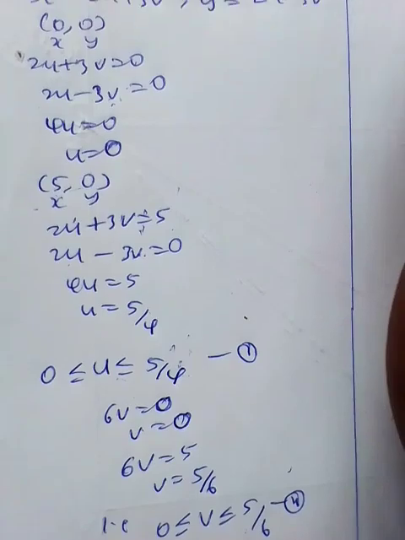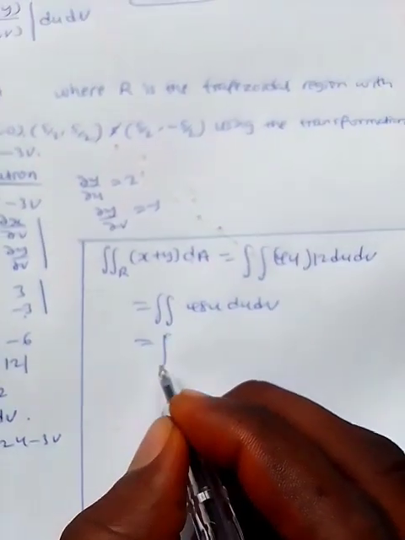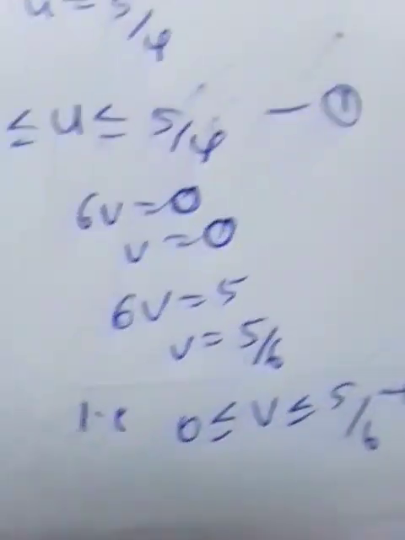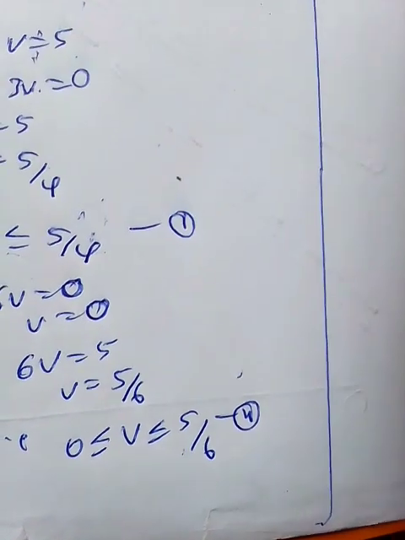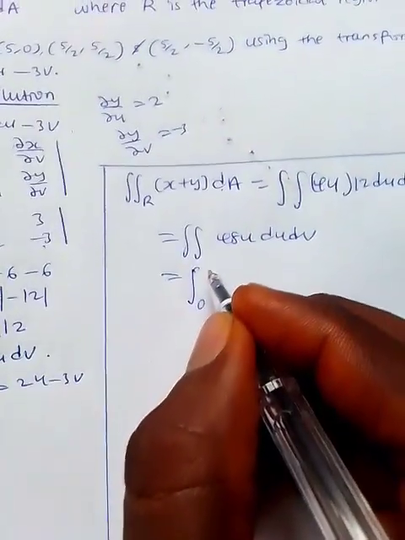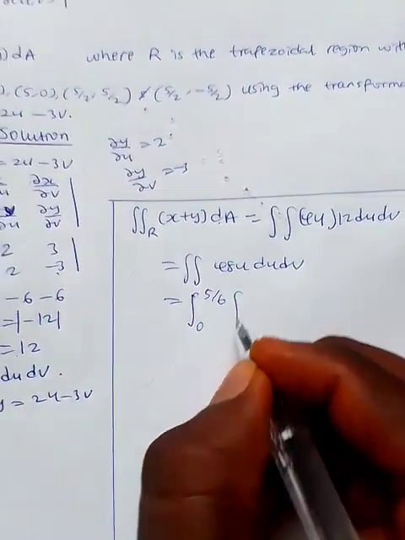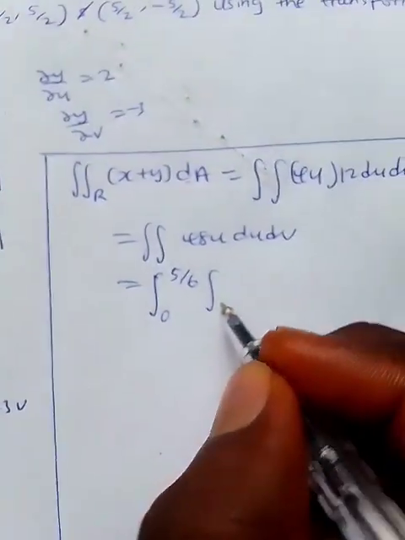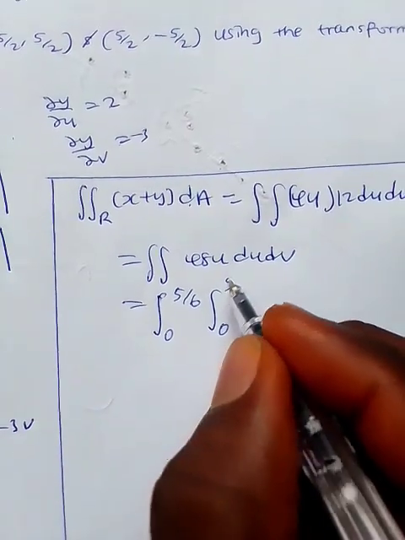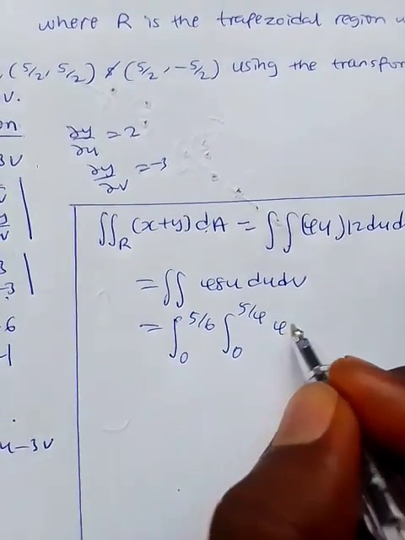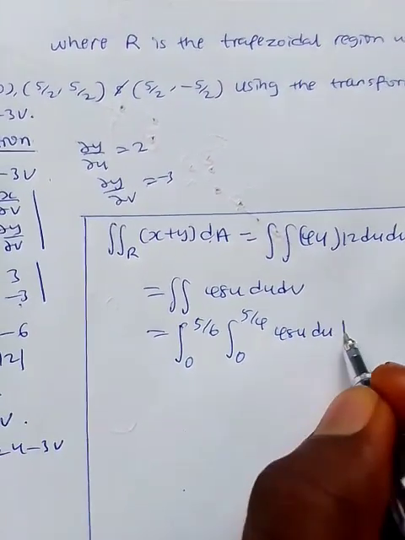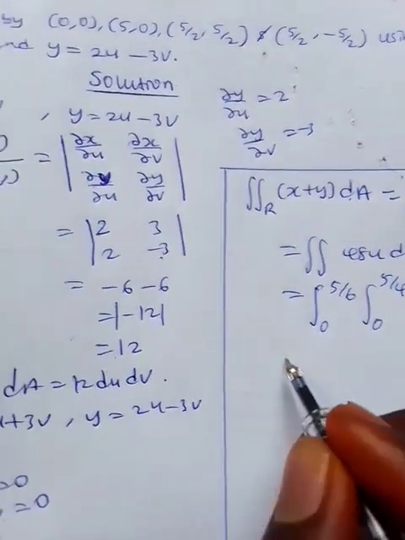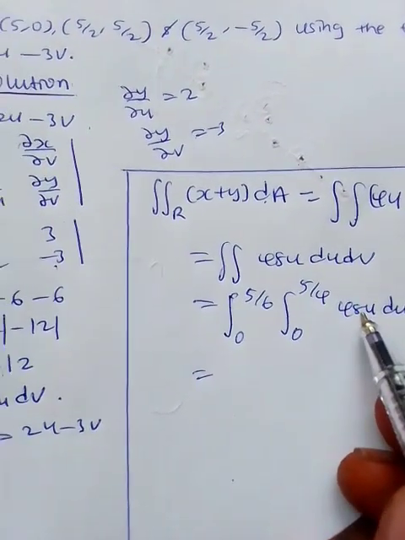And our interval, we already obtained the interval for u and v. So for v, we have 0 to 5 over 6, and for u, we have 0 to 5 over 4, of 48u du dv. So we can now integrate with respect to u.